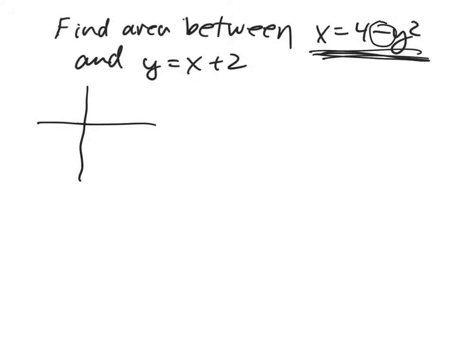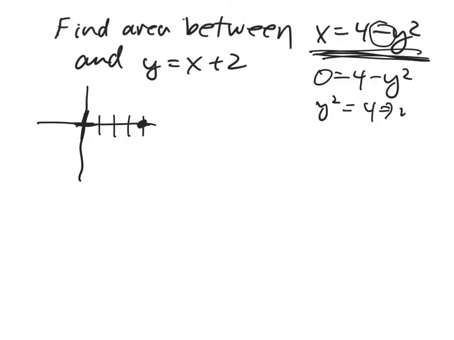When y is 0, x will equal 4, and then where x equals 0, the y-axis, we would find y equals positive or negative 2. So this one is at least somewhat easy to graph, even though it's x equals some function of y.